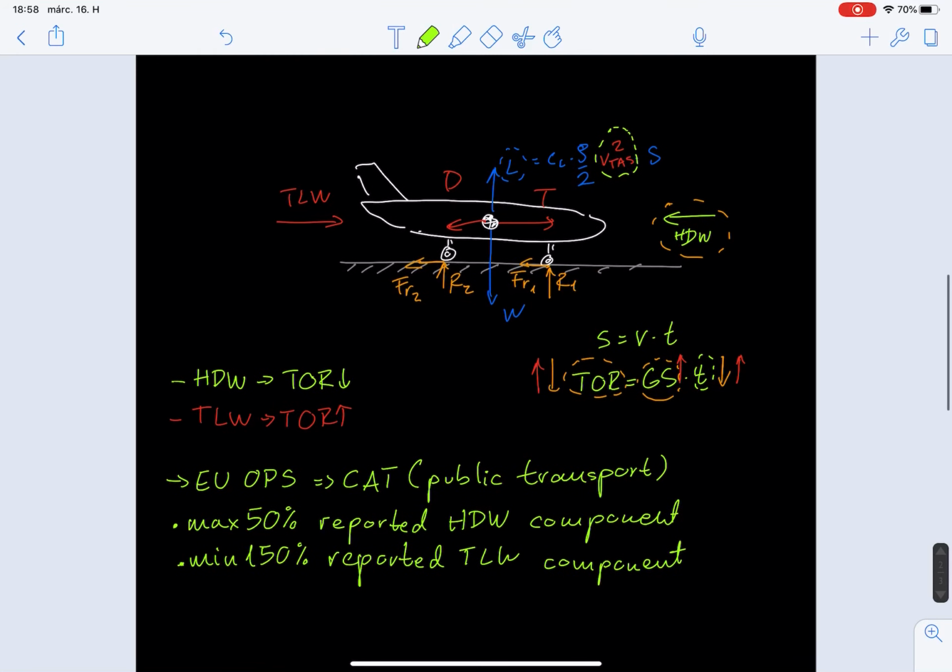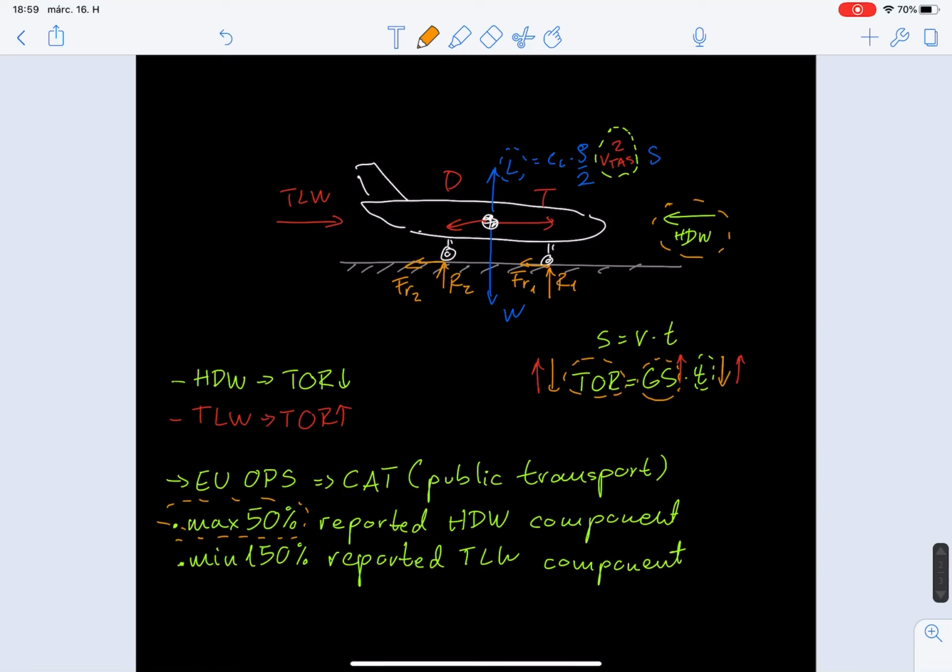But according to this rule, it says that the maximum amount that you're allowed to take into consideration when you do the calculation is 50% of the reported headwind component. So if you have, for example, 10 knots of headwind, you're only allowed to take into account 5 knots into the calculation, and you can do your calculation for the takeoff run with 5 knots of headwind. So in reality, you have like a 50% buffer in your calculation.